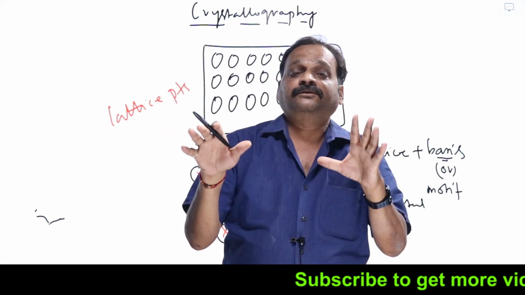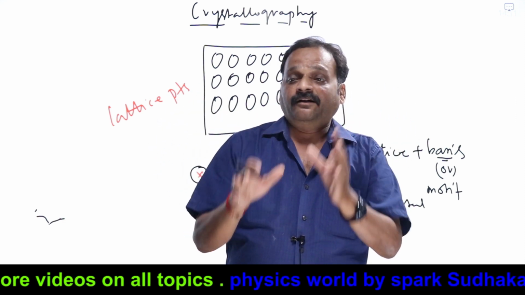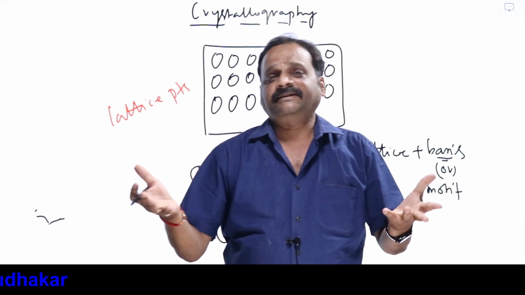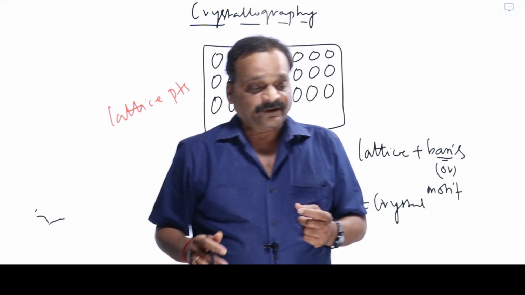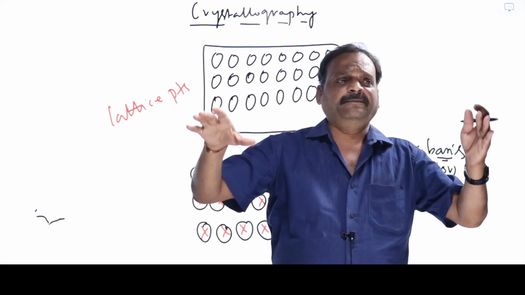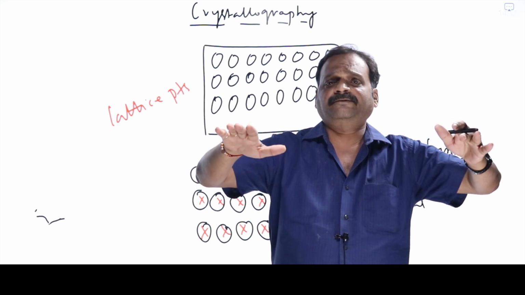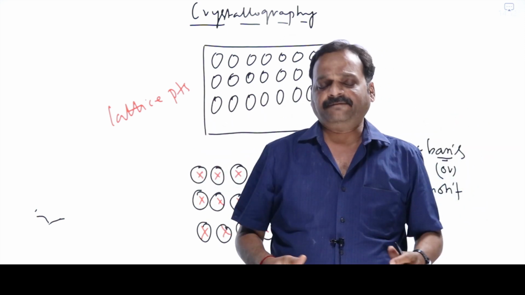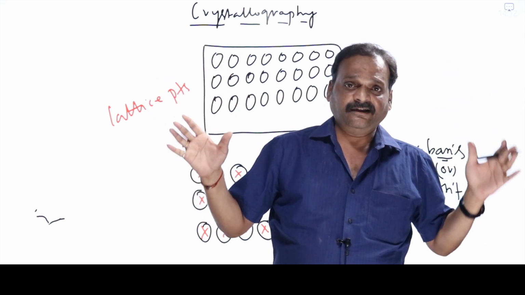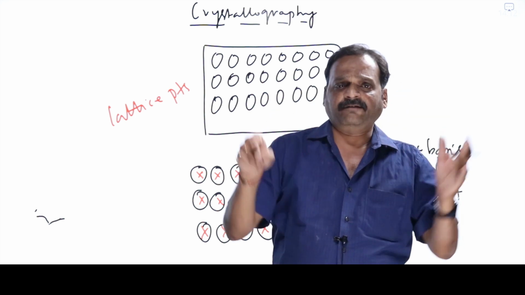How many students can be accommodated in that examination center, how many invigilators are required, how many supporting staff are required, whether ventilation is sufficient or not, etc. They will go to one room, measure its length, breadth and height, see how many benches are there, and how many students can be accommodated. How many tube lights, how many fans are there, whether ventilation is good or not. They calculate for one room.